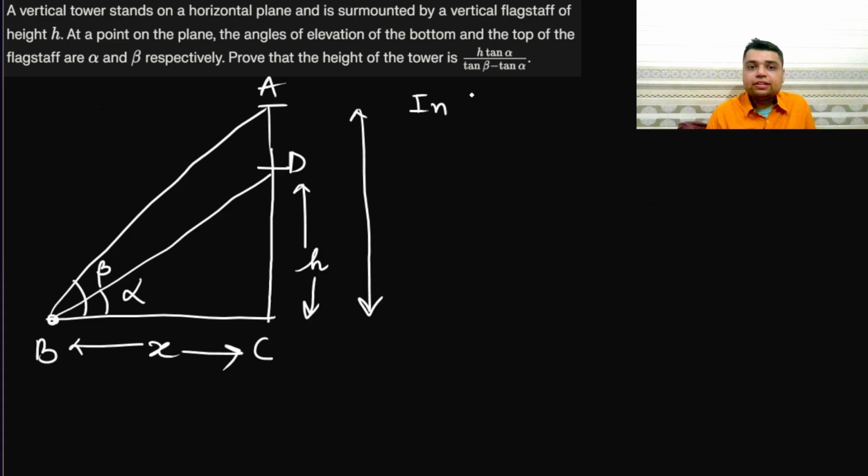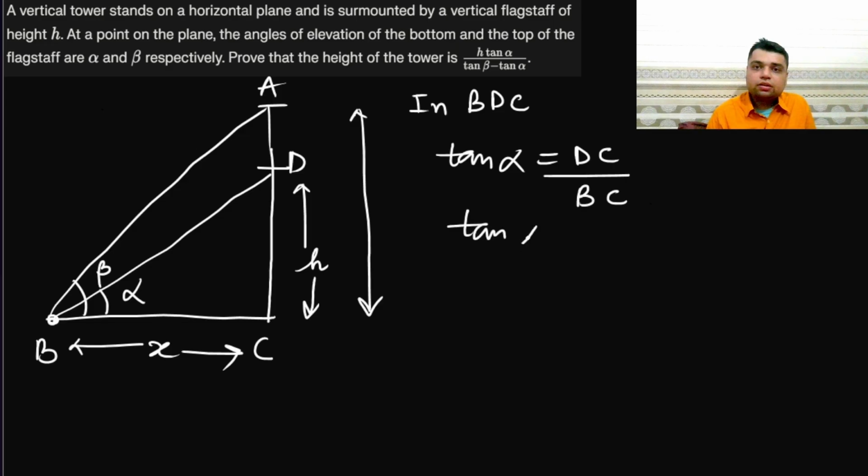So in triangle BDC, can I say tan alpha is equals to DC upon BC? Tan alpha we don't know. DC is what? This is h and BC is x. So x will be equals to h upon tan alpha.